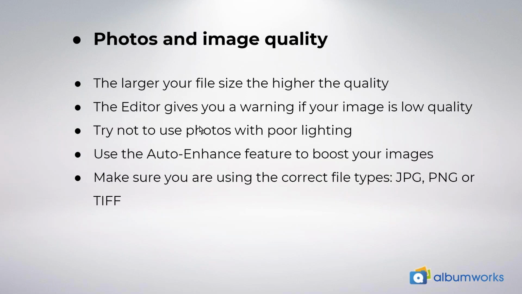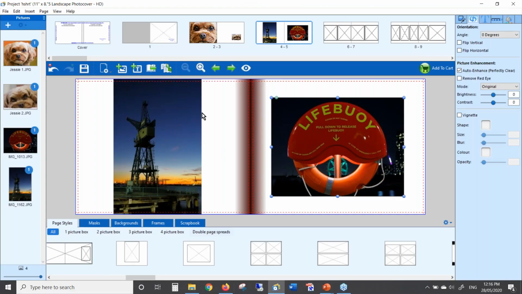Next question was, do you have to auto enhance each photo individually, or can you do it in one go? You can do a whole double page spread in one go, so I'll show you how to do that here. Click on one photo that you want to auto enhance, hold down your shift key and click on any other photos that you want to auto enhance so that they're all highlighted, and then come across and click the auto enhance.